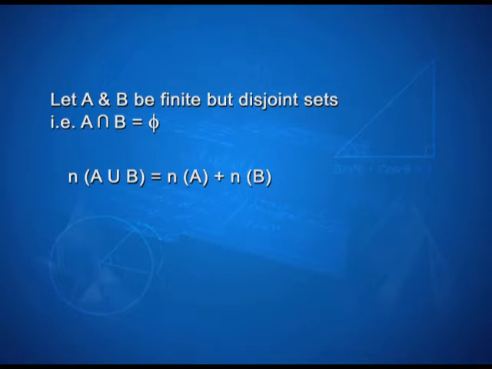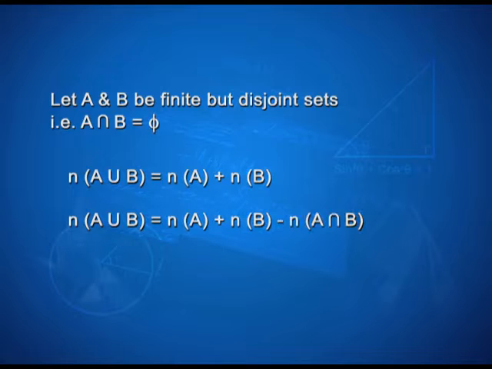Then the number of elements in A union B will be given by the number of elements in A plus the number of elements in B. Mathematically, it can be written as n of A union B is equal to n of A plus n of B. In general, if A and B are finite sets, then the number of elements in A union B will be given by the number of elements in A plus the number of elements in B minus the number of elements in A intersection B. Mathematically, it is written as n of A union B is equal to n of A plus n of B minus n of A intersection B.